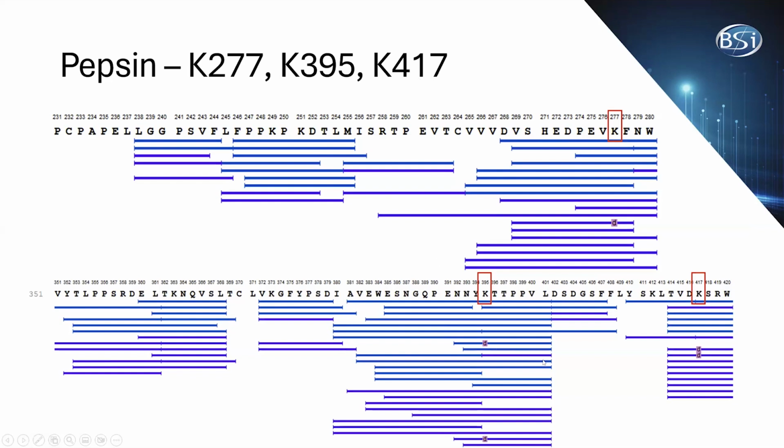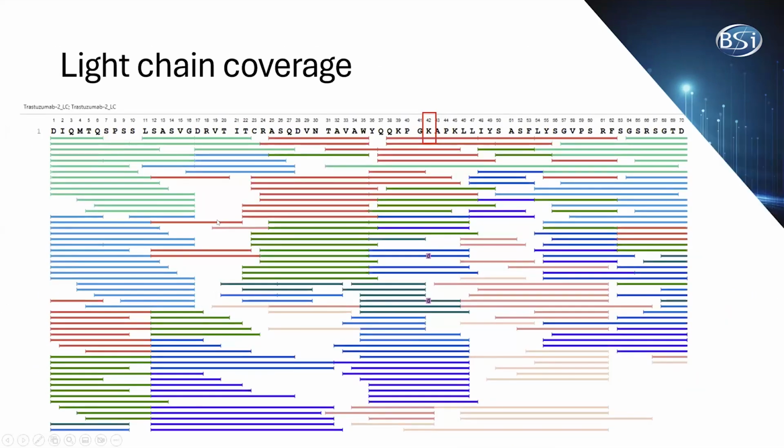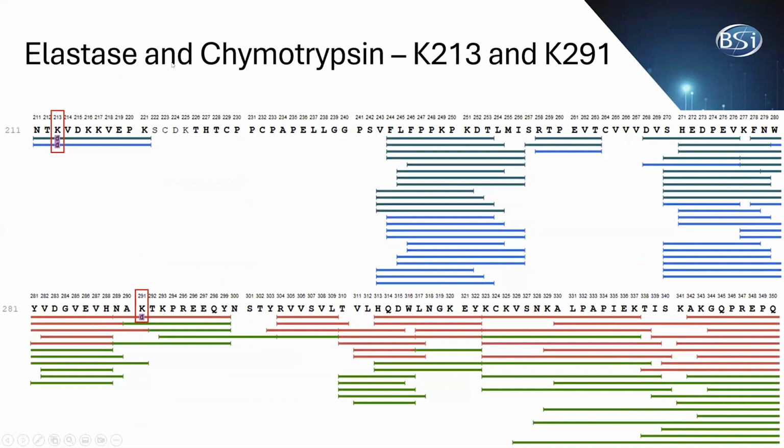So we seem to get better coverage and more modified peptides being identified in the Fc region using pepsin. And then lastly, we also digested with elastase and chymotrypsin and identified conjugation at lysine 213 and 291.